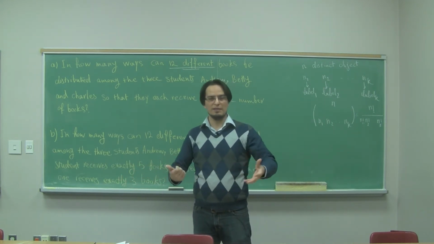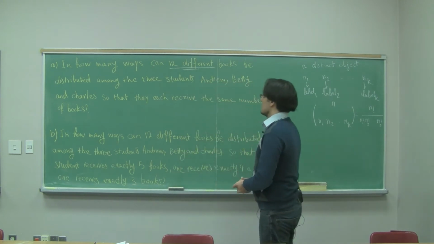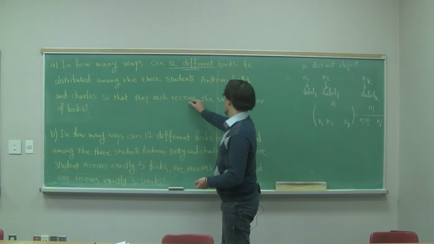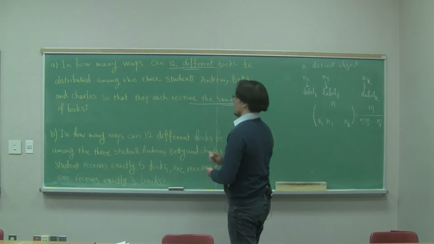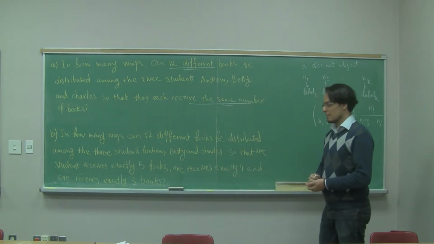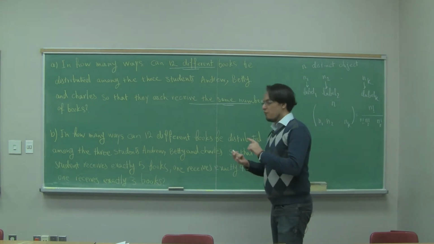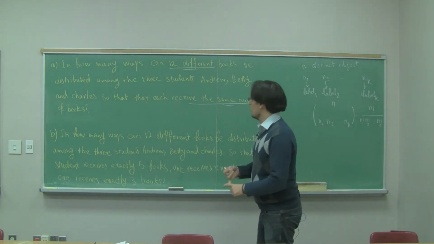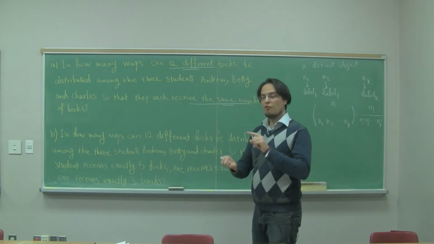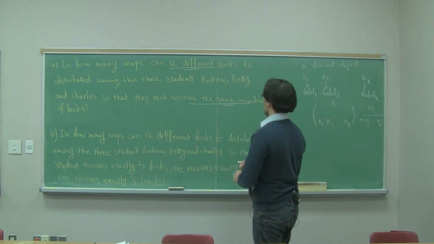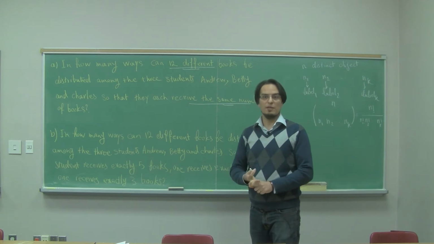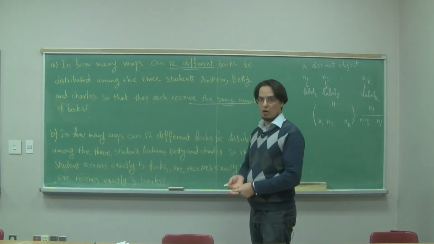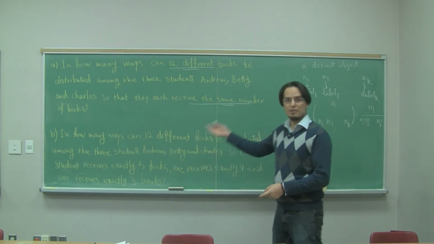So this is basically labeling. But there is a condition such that all receive the same number of books. Basically, we want 4 of these different books to receive label Andrew, 4 of them to receive label Betty, and 4 of them to receive label Charles.